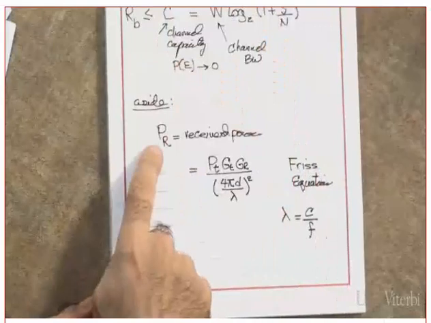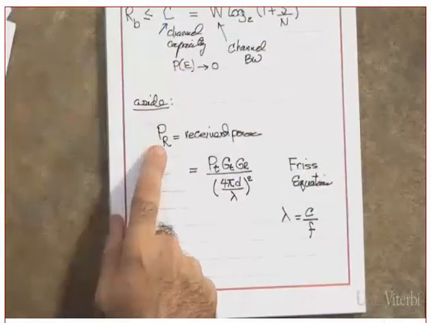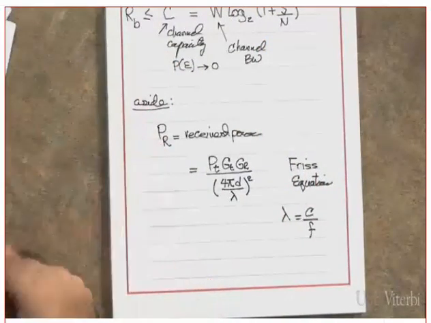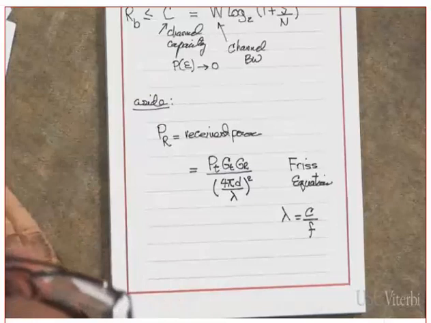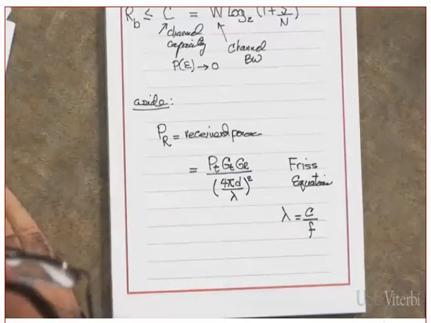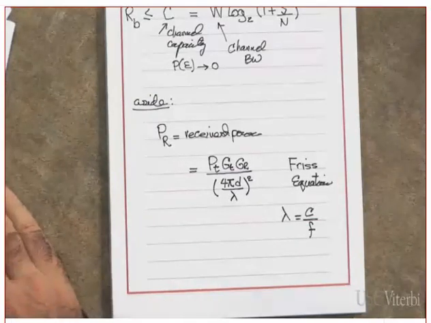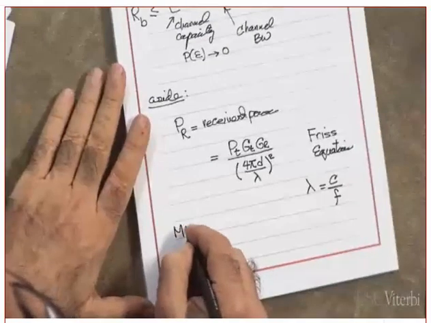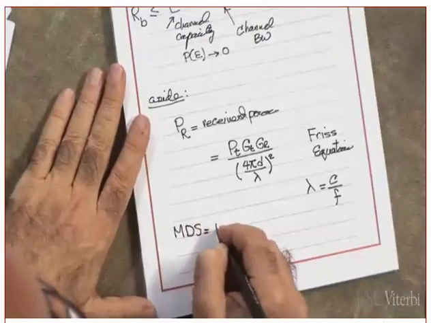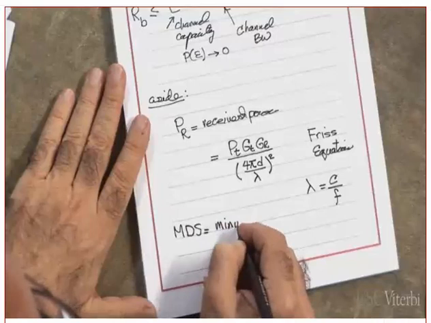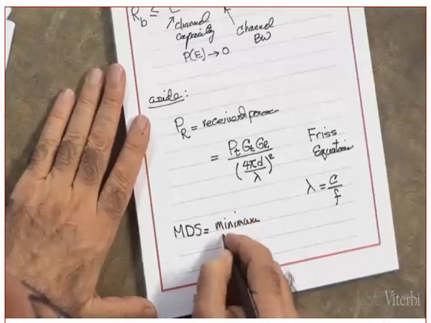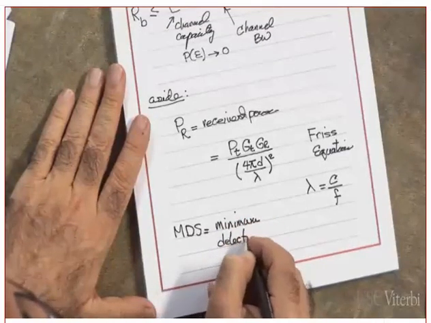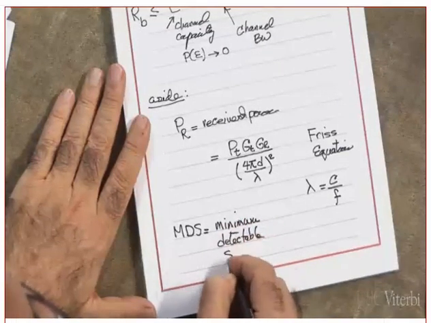Now, remember what I told you last time? We'll study it in detail shortly. A parameter of RF design is known as sensitivity, sometimes called MDS, minimum detectable signal.